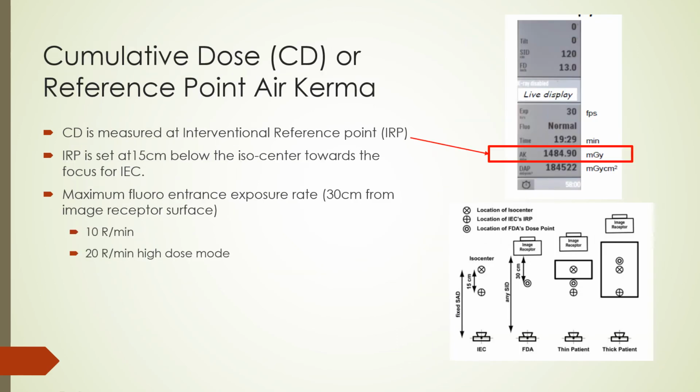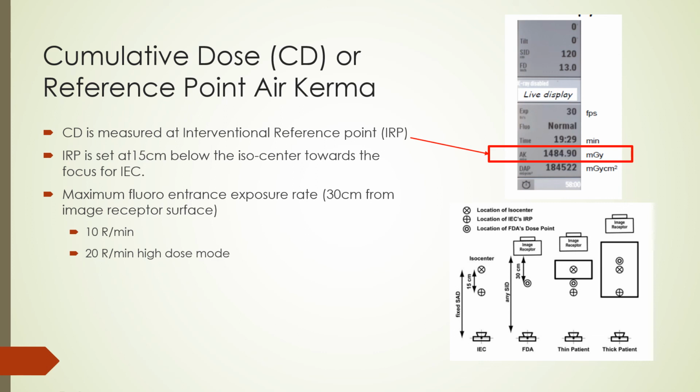Cumulative dose refers to the cumulative air Kerma at the interventional reference point IRP at any time during a fluoroscopy guided procedure. It is also called a reference point air Kerma. The IRP is a point 15 centimeters toward the focal spot from the isocenter, and its location does not vary with changes in C-arm angle or focus to image distance.